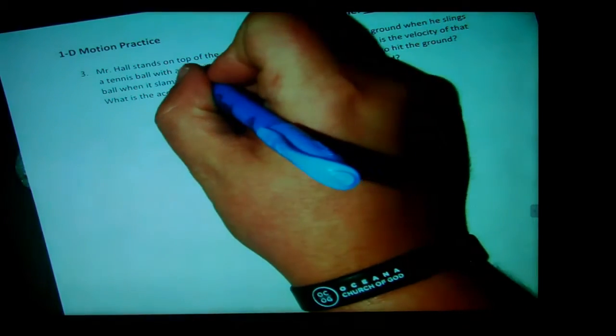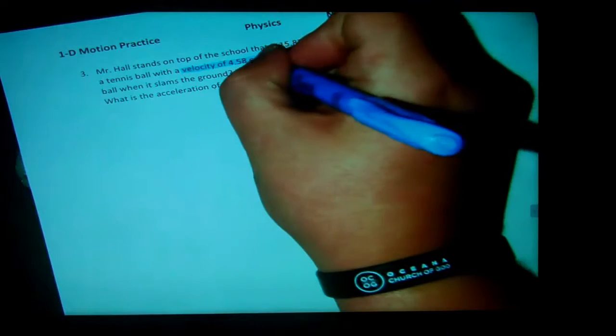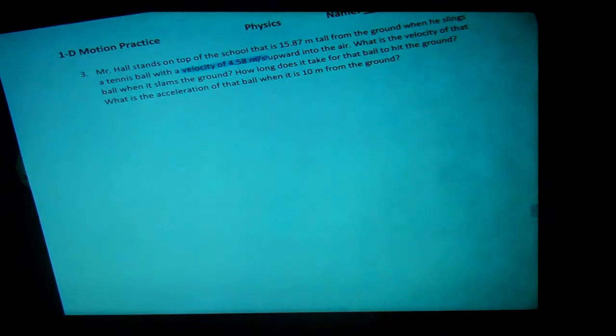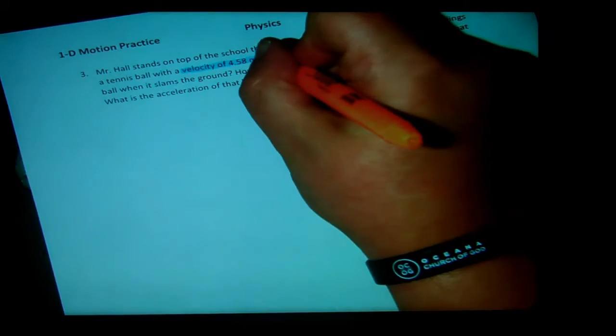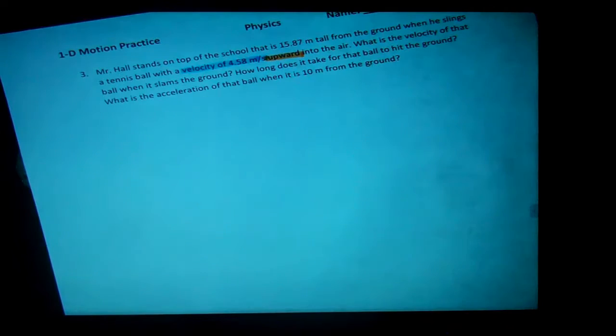This is the difference. You still have that velocity, 4.5 meters per second, but here's your change. I threw it upward in the air. Well, this is one of those trick questions where it's the same answer as in the last problem. What's the velocity of the ball when it slams the ground?